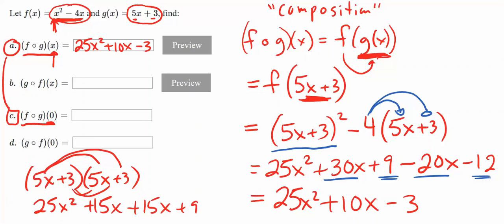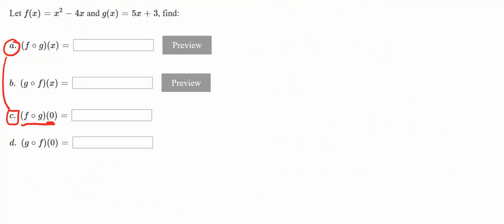All right, let me erase some of this so I can actually do the work. Rewriting this here, this was 25x squared plus 10x minus 3.